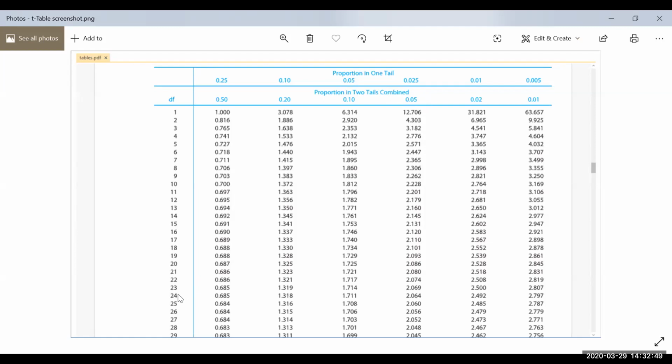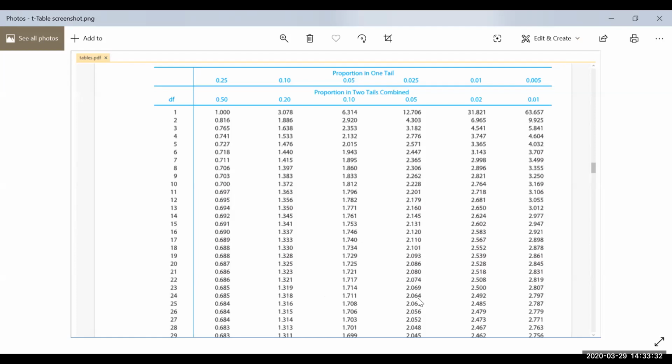So we're going to go across for 24, and we're going to go down from proportion in two tails, 0.05, and we're going to get a 2.064. That is our t-value, which will indicate our critical value, which of course is the boundary between the critical region and the rest of the distribution.